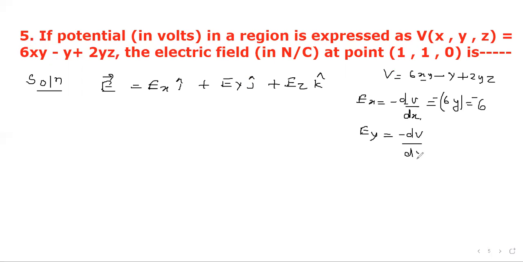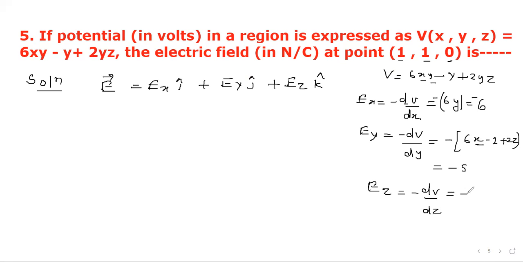Minus sign outside, and then we differentiate it with respect to y. So this will give 6x, the second term will give minus 1, the third term will give 2z. Here we are given x equal to 1, y equal to 1, and z equal to 0. So when x equal to 1 we place it here, we will get 5. Hence we get minus 5. Now Ez, which is minus dV upon dz.